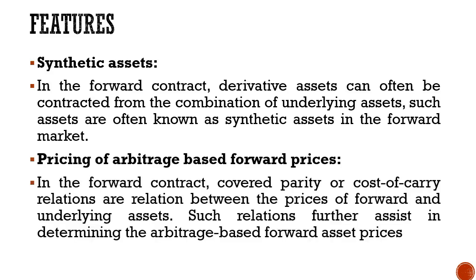In forward contract, covered parity or cost of carry relations are relation between the prices of forward and the underlying assets. Such relation further assist in determining the arbitrage based forward asset price. These were the various features of forward contract.